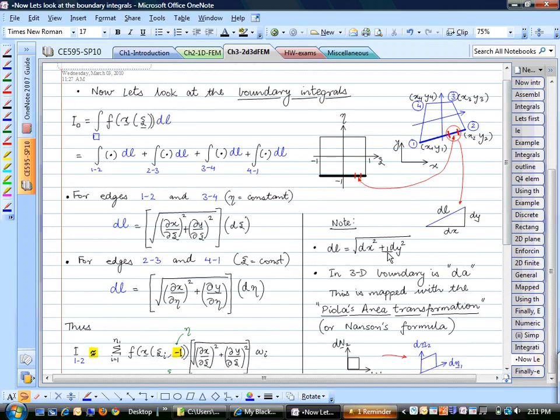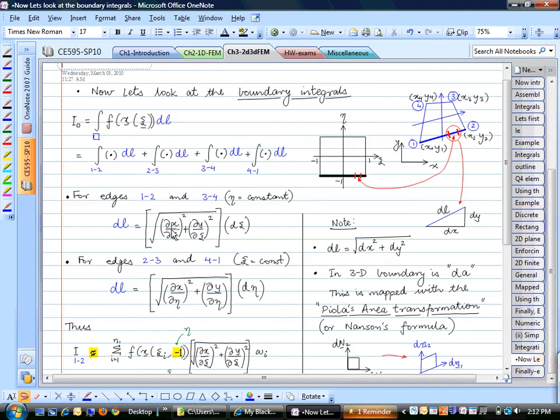And if you use that, you can also see that to calculate dx and dy in terms of dξ and dη, what again you would do is use chain rule. So whenever you have all these kinds of mapping from one domain to the other, your best friend is the chain rule. You have to apply chain rule to calculate all these different quantities.